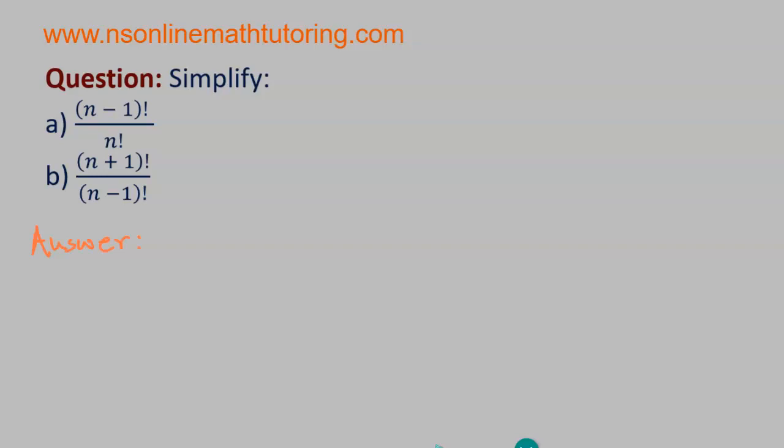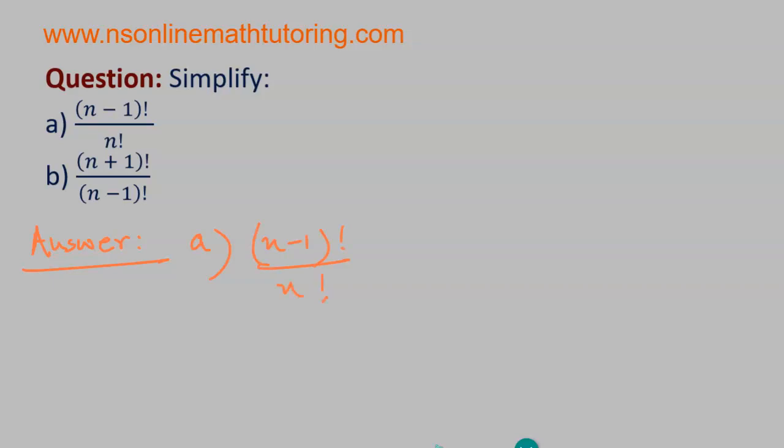Actually, I had tried to take all the factorial questions in one session, but the session is getting longer, so we will be having one more session on factorial notation questions, but this question will be the last question of this session. Okay, so subpart A. n-1 factorial over n factorial.